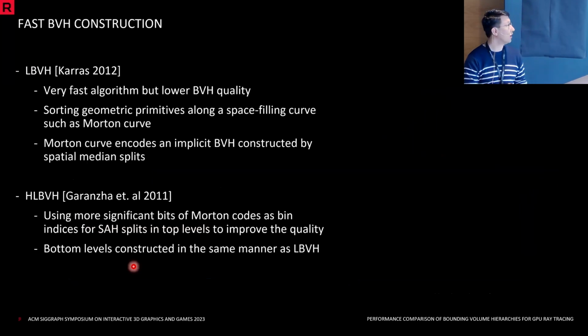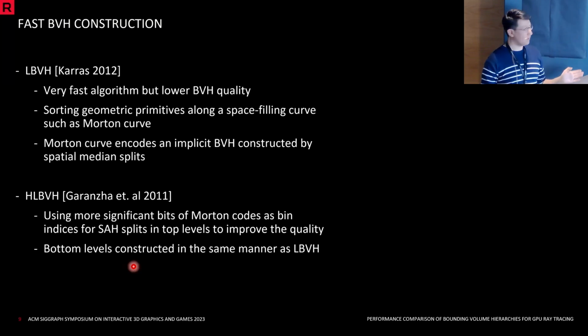Now I would like to briefly describe the algorithms we use for the comparison. These are mostly BVH construction related algorithms, in three categories. The first one is fast BVH construction.